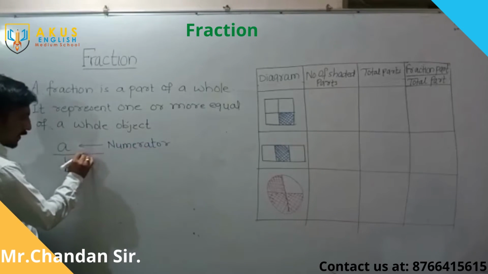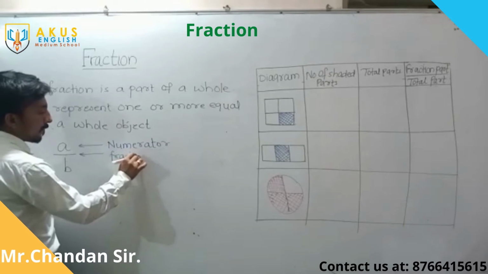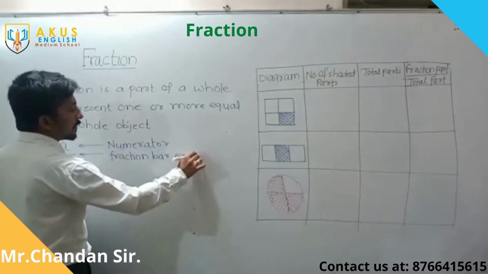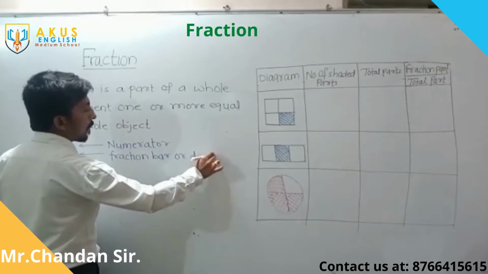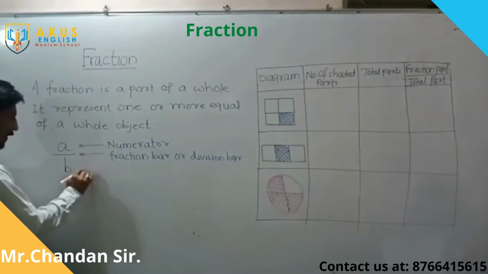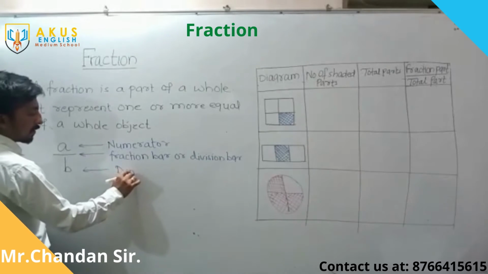This bar you can see is called the fraction bar or division bar. And this b is called the denominator.